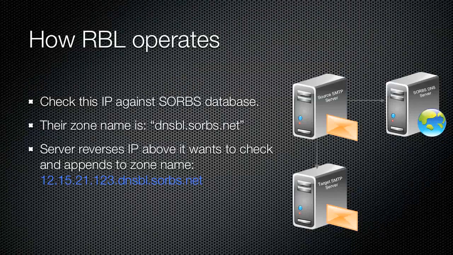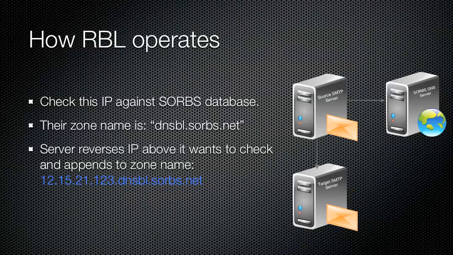So it will send this request to what is called an authoritative name server. In this case, the authoritative name server is located at Sorbs. It will check its database, find out if this IP is blacklisted, and just return you a status code.